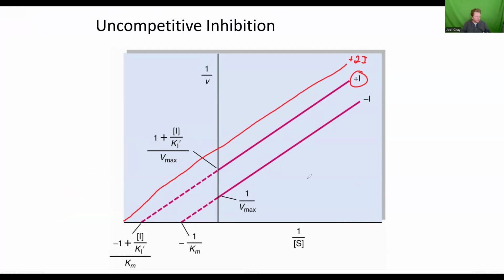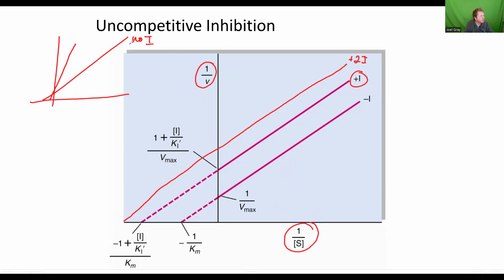This right here is a Lineweaver-Burk or double reciprocal plot, as evidenced by the 1 over velocity, that's a reciprocal value, and then 1 over substrate concentration, another reciprocal value. We have a competitive inhibitor by contrast that looks like this. Boom, and then here's my other line. So no inhibitor, plus inhibitor.